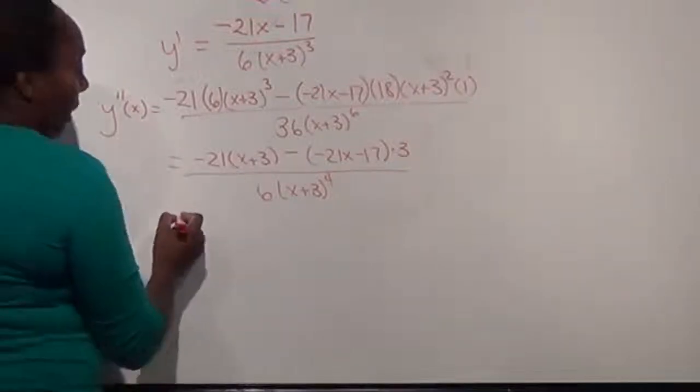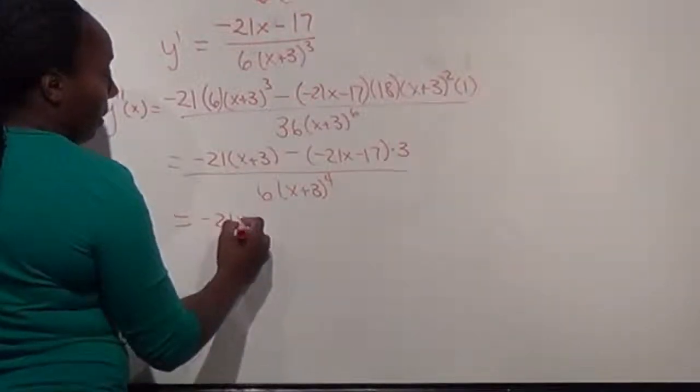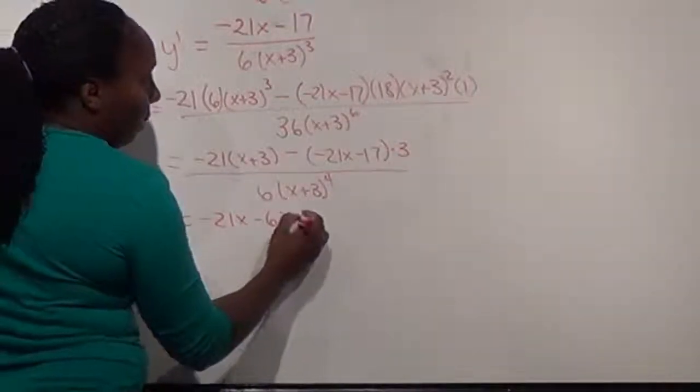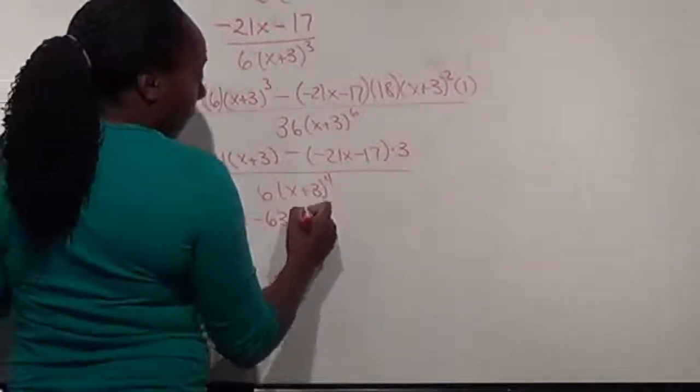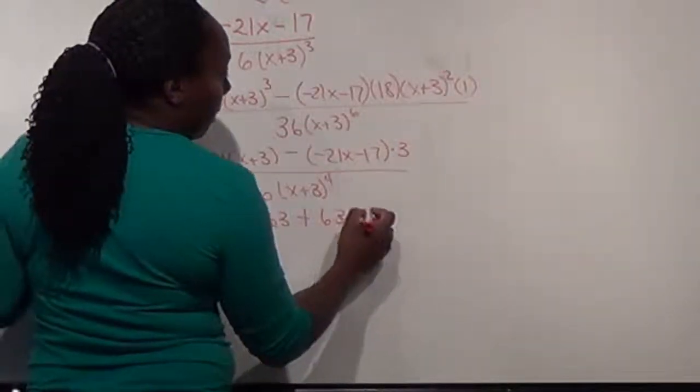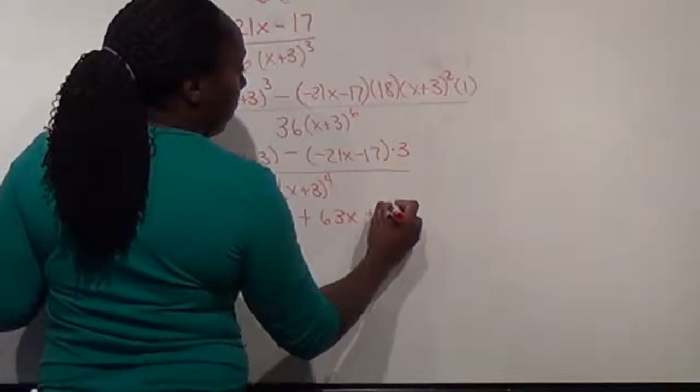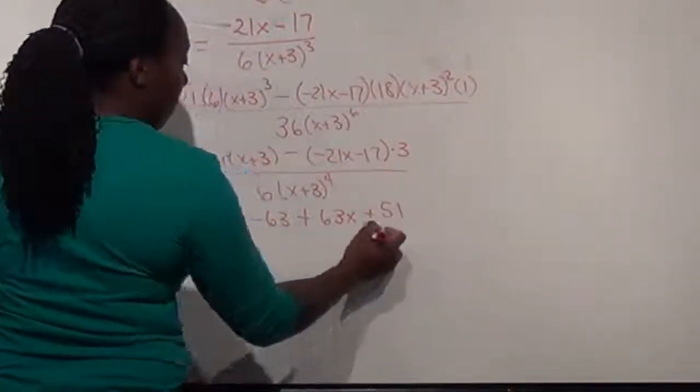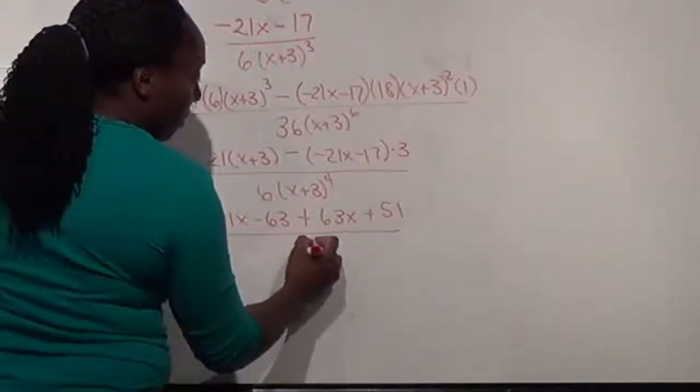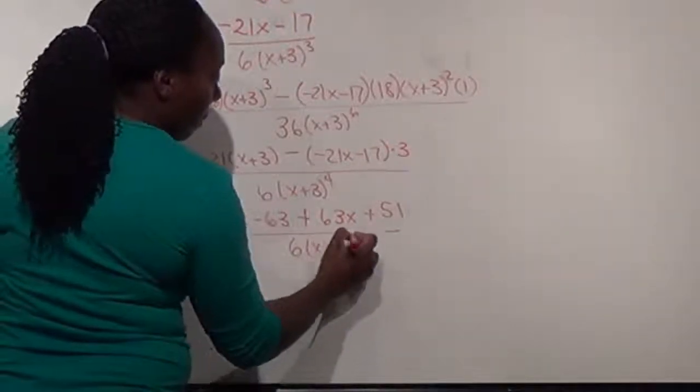Okay. Again, multiply out. So negative 21x minus 63 plus 63x plus 51 all over that common denominator.